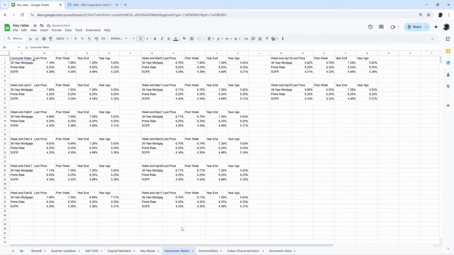Consumer rates. These are quick and easy. Well, that's a weird one. May 02. There we go. All right, 30-year mortgage rates are at 6.8%.